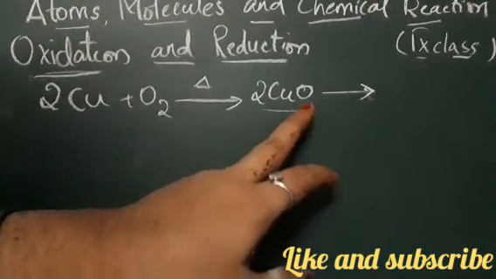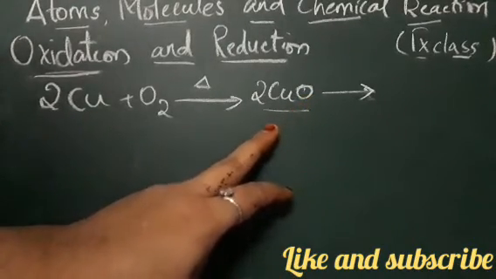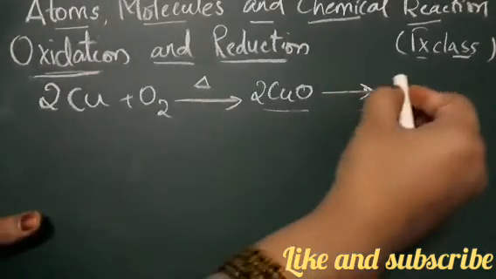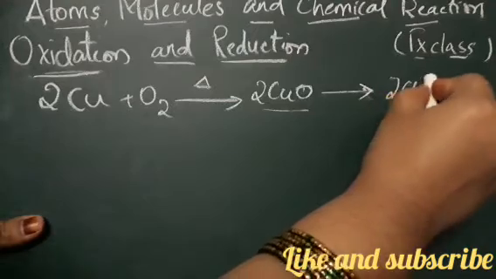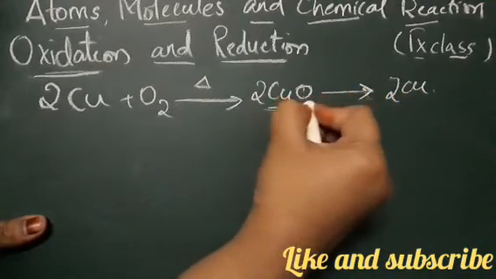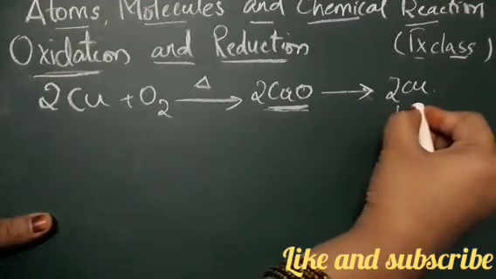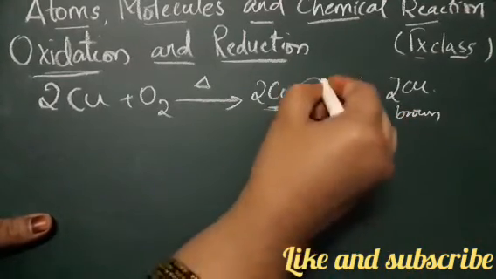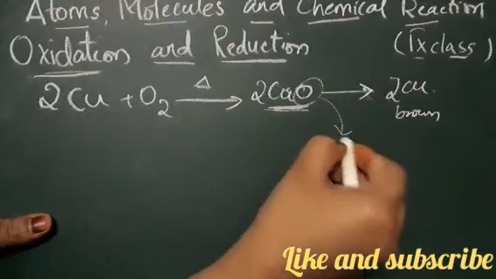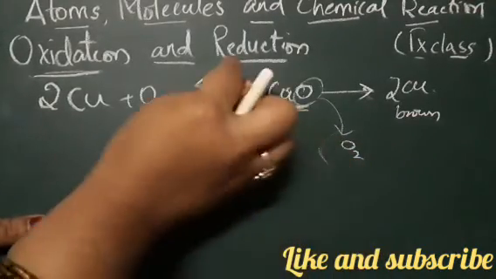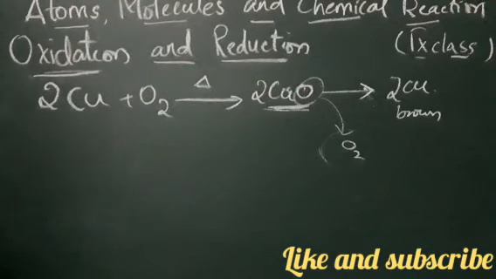In this process where the oxygen is lost, this process is called reduction, right? The black color is now becoming brown color because it has lost the oxygen. When we are losing the oxygen, that reaction is called reduction.